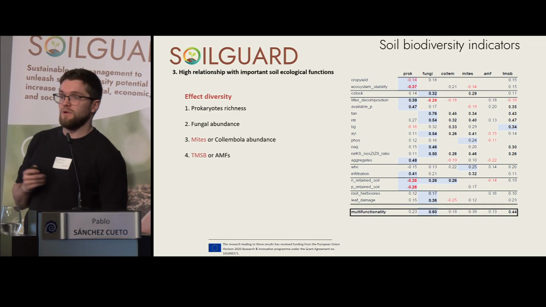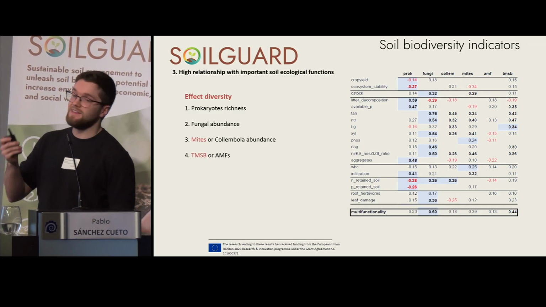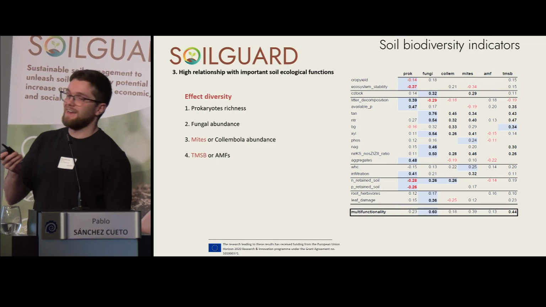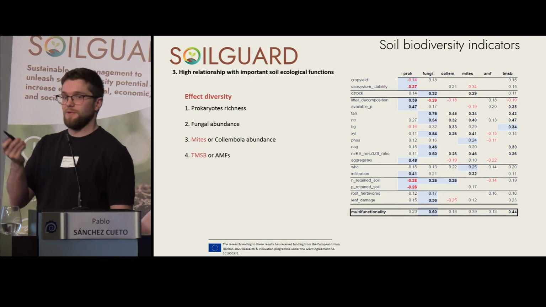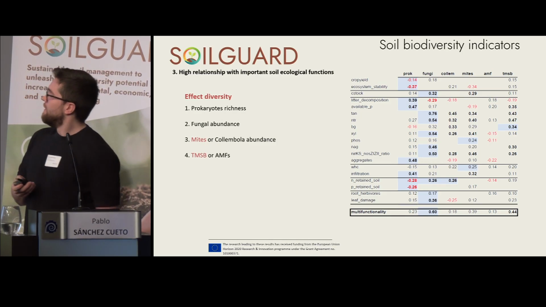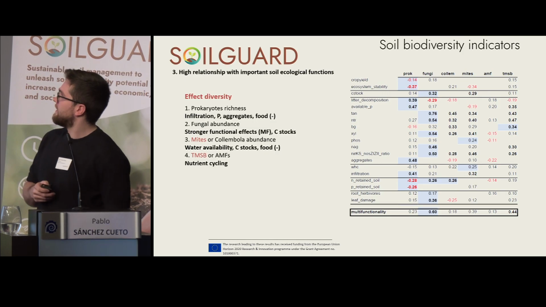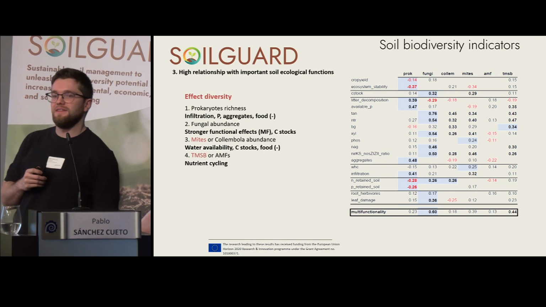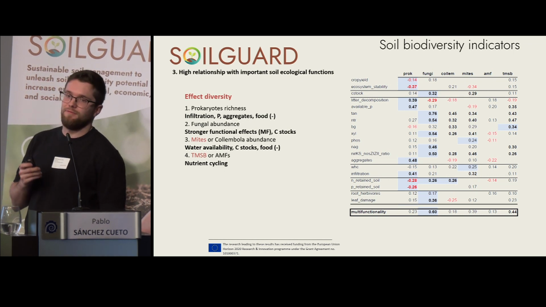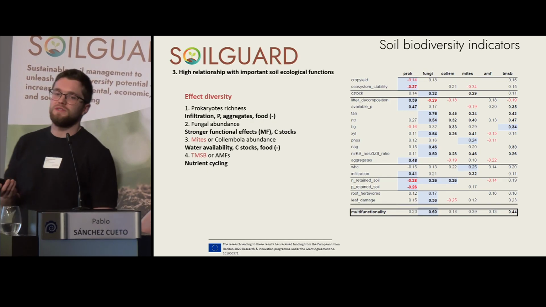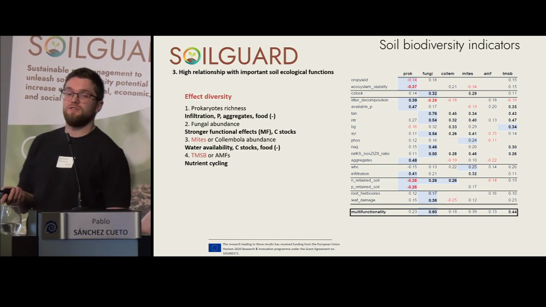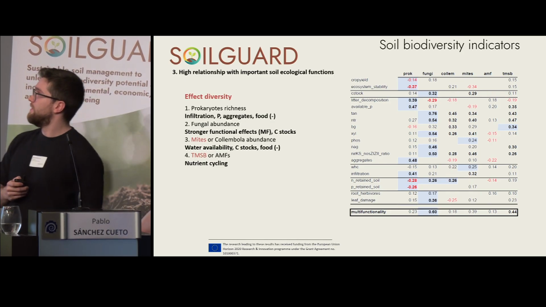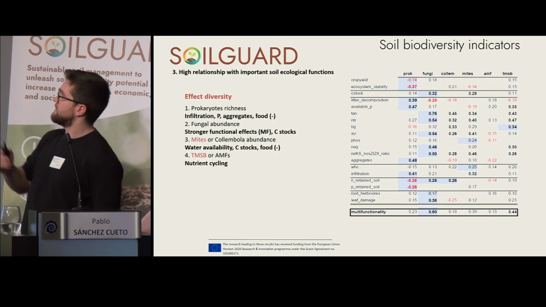In bold are the significant ones, and highlighted in blue is where this metric has the highest relationship with the functions that we assessed. If we focus on the blue highlighted cells, the prokaryote richness and the fungal abundance are the ones with the highest relationship with the functions that we measured. In particular, the fungi with the multifunctionality, and, interestingly, also with the carbon stocks.